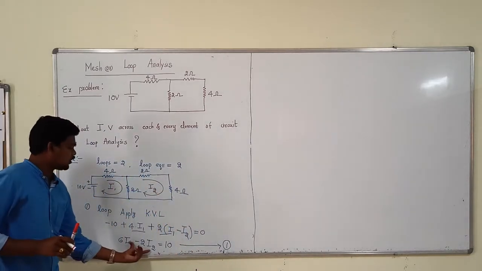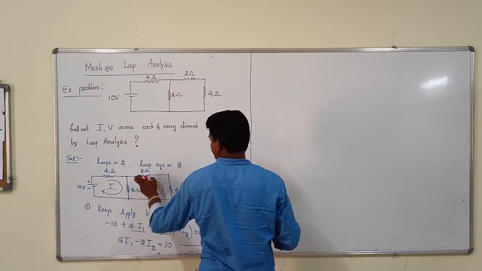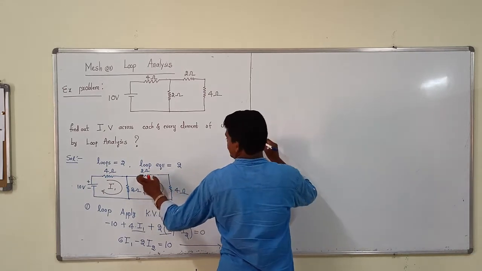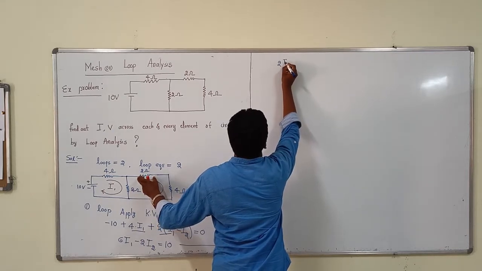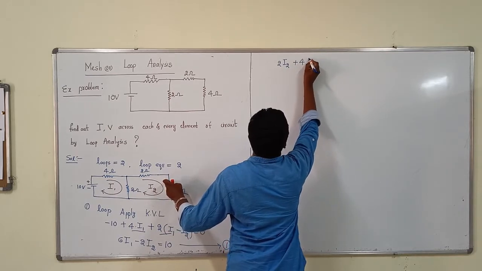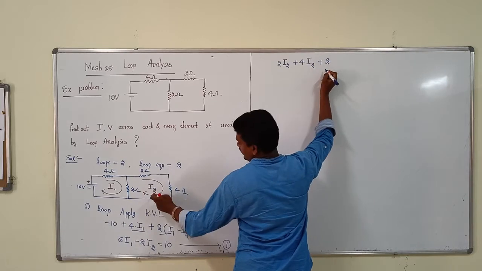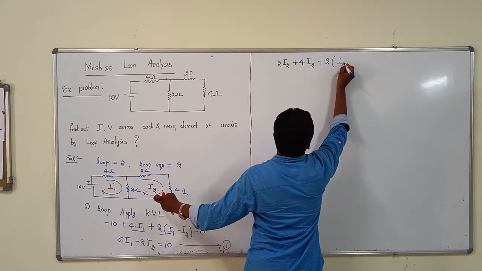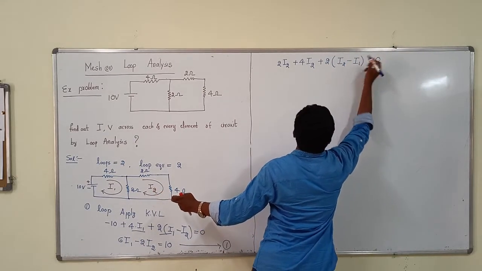In that we have 2 unknowns. Same as the first loop, write the second loop equation. The second loop is this one. Write the voltage across these: for the second loop, 2 into I2 plus 4 into I2 plus again 2, where I2 is entering and I1 is leaving, so 2 into (I2 minus I1) equal to 0.